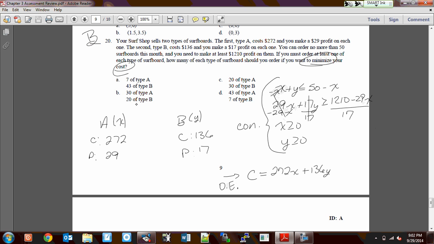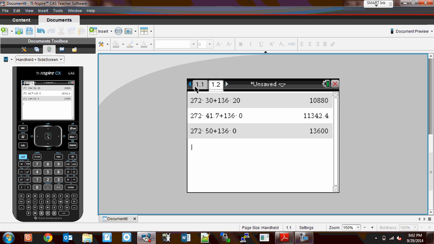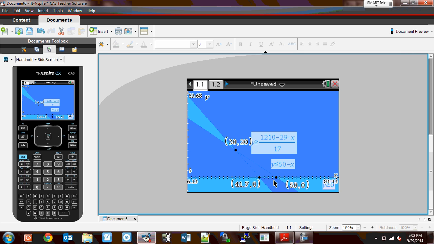All right, and again, to solve problems like this, you have to take the word problem, find your constraints and your objective equation. From there, you go and you graph them. You find your feasible region, which is where everything overlaps. You find the vertices of your feasible region.